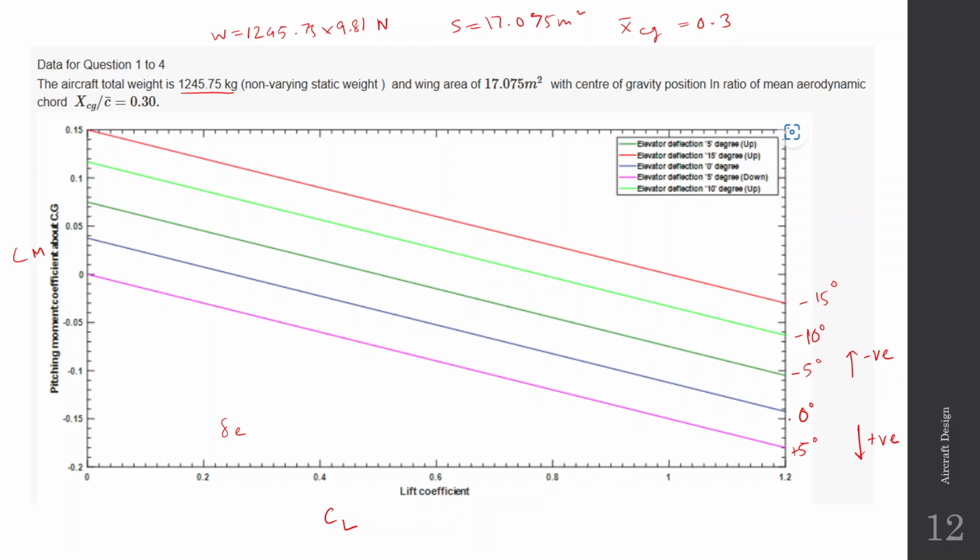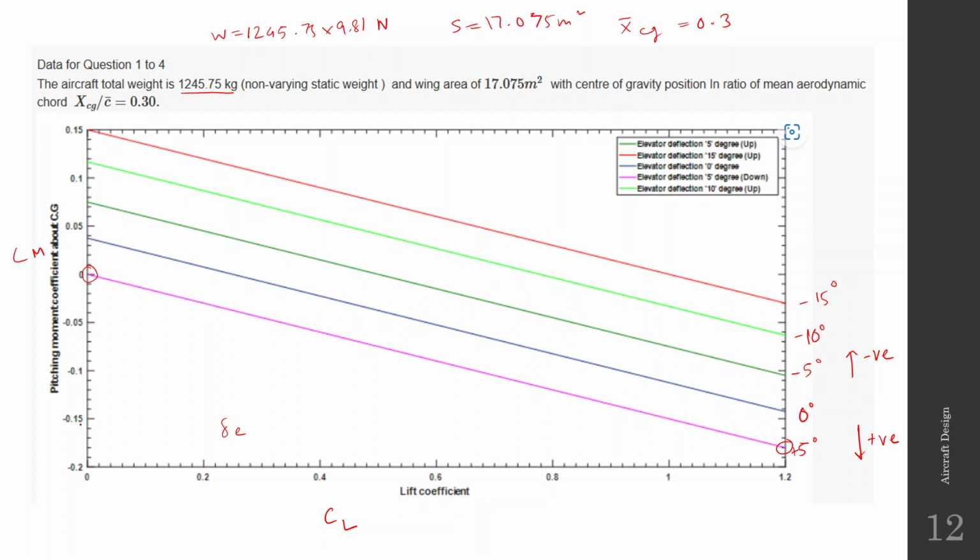So now let us find the slope of this graph. So you can see that the slope is same, but the elevator deflection causes the graph to move up or down. So for finding the slope, wait a minute. So what we can do is we can choose any 2 points. So let us choose this point and let us choose this point.